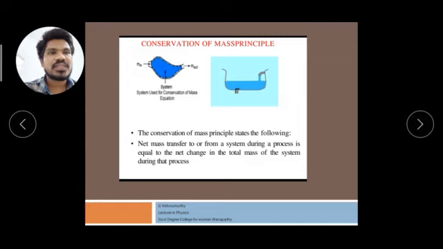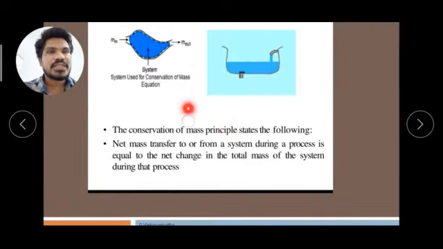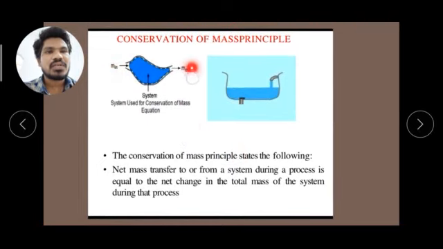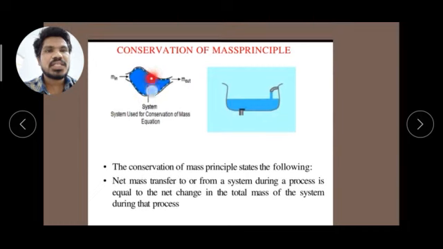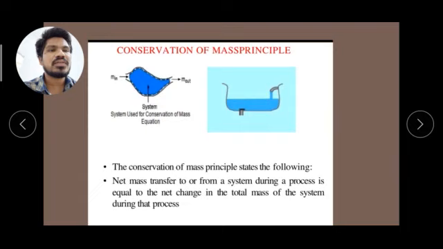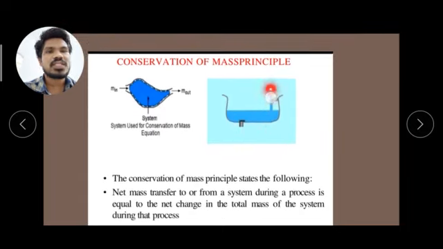Here the conservation of mass principle is there. Here you see this mass input and mass output. In this section, the system uses the conservation of mass equation. Here you see the water is flowing in from this area and the water is coming out from this area, but the system is stable.